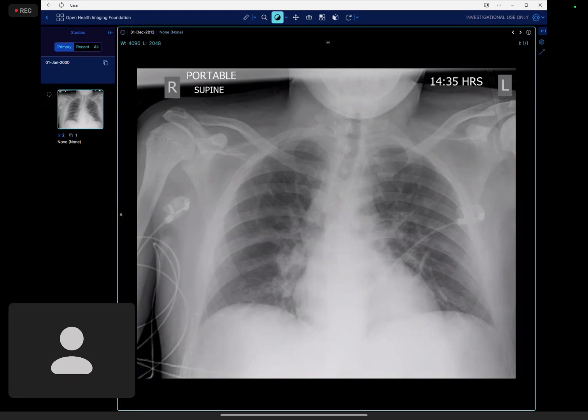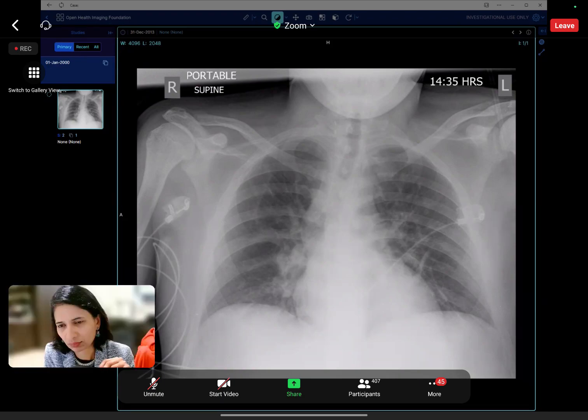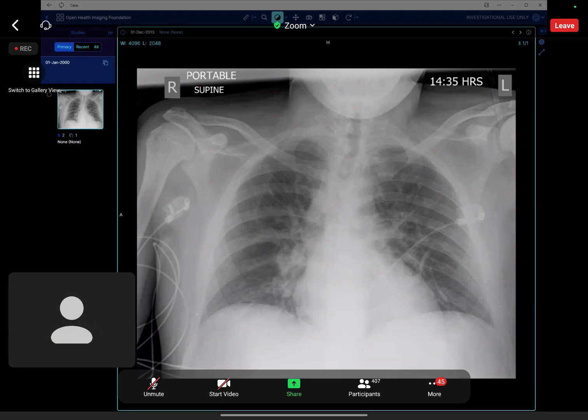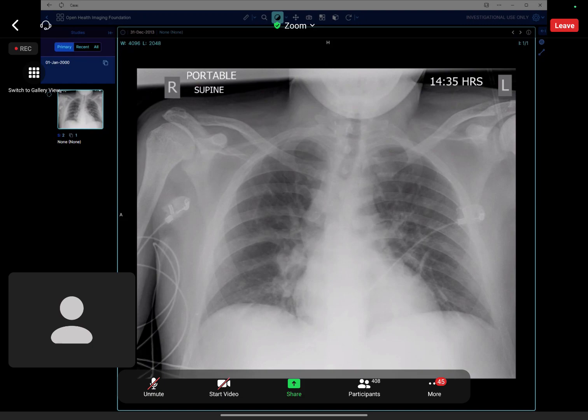Looking at the bones, the scapulae and humeri are unremarkable, with no signs of dislocation or fractures. Looking at the ribs, I cannot see any bony outgrowth or bony destructive lesions.